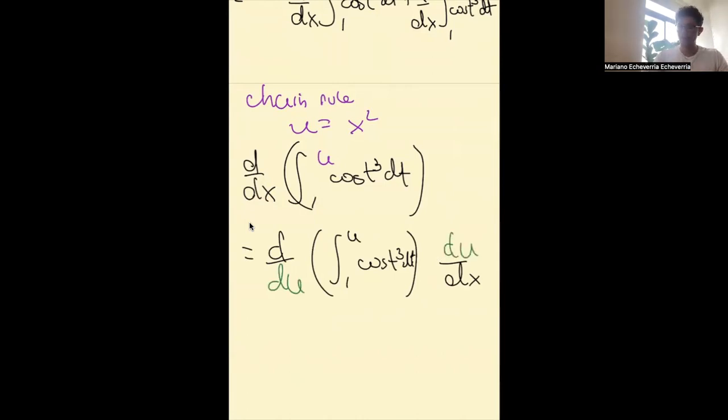And now finally we are in a situation where the derivative and the integral go away because there is just the variable u on its own. So this goes away with this, so you get cosine of u cubed.